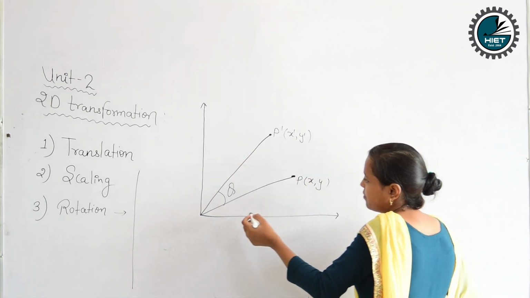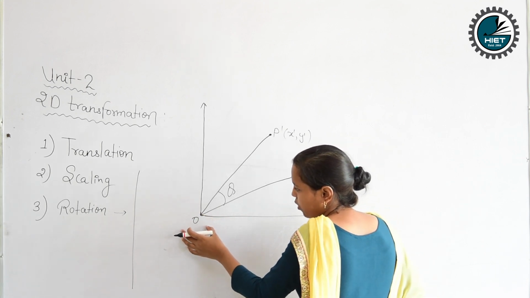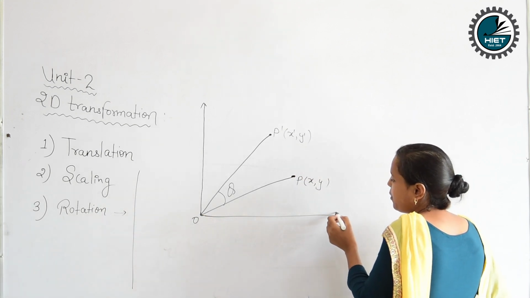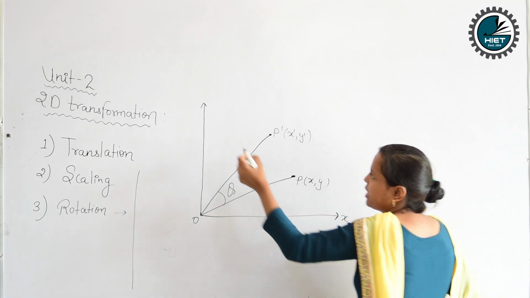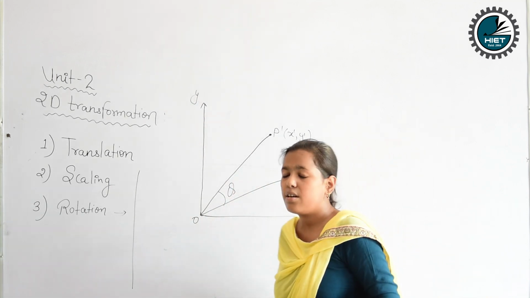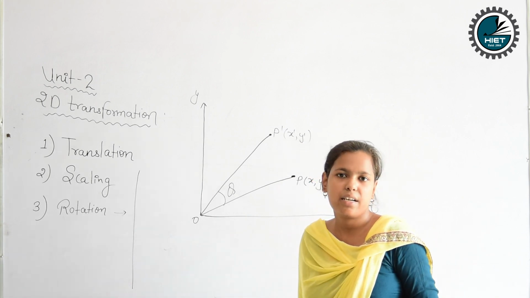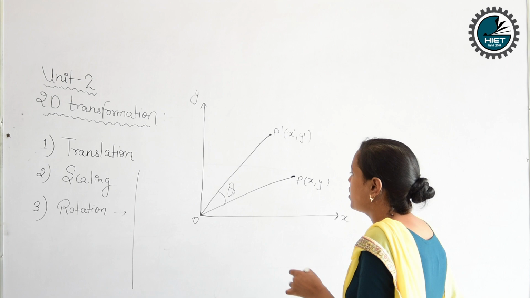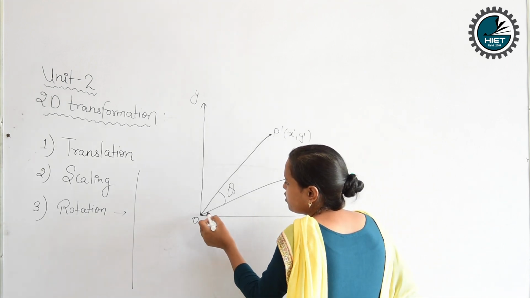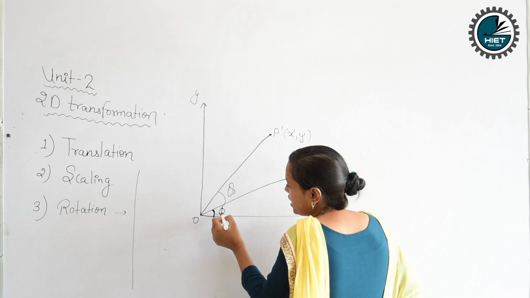So this is our origin, and we are performing the rotation on a 2D plane, that is the x and y directions. First of all, we always take care of the distance between the origin and the point. Say the point is at the phi angle.